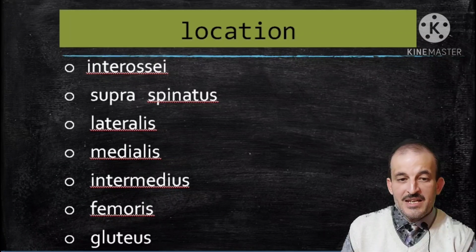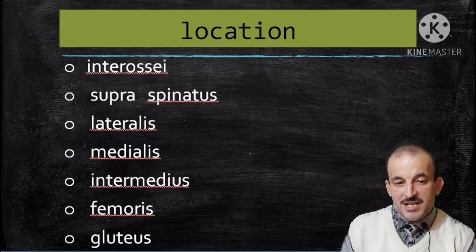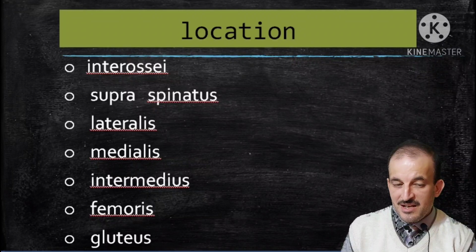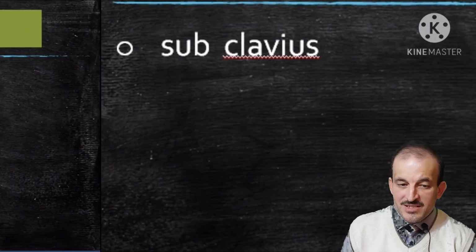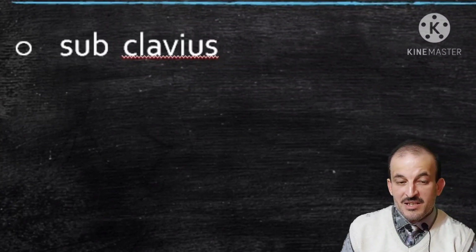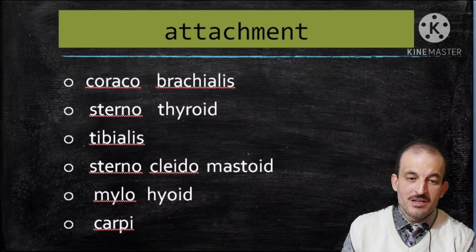Muscles which are named according to their location, such as interossei, which are located between the bones, supraspinatus, above the spine, lateralis, to the lateral side, medialis, intermedius, femoris, and gluteus, and lastly subclavius, which is situated below the clavicle.